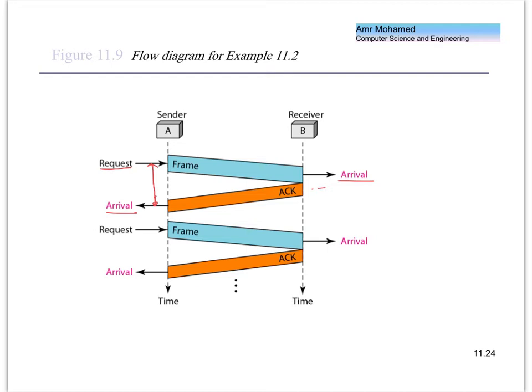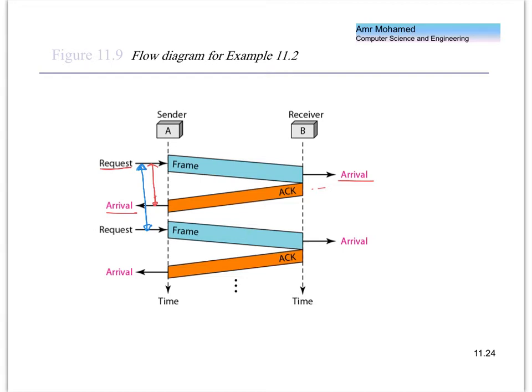So now, as we can notice, the difference between these two consecutive frames is controlled now by two things, not one. It's not only controlled by how often we receive the interrupt from the network layer. It's based on two things: how often we receive the request from the network layer, and how fast we receive the acknowledgement from the receiver. Both. Okay?